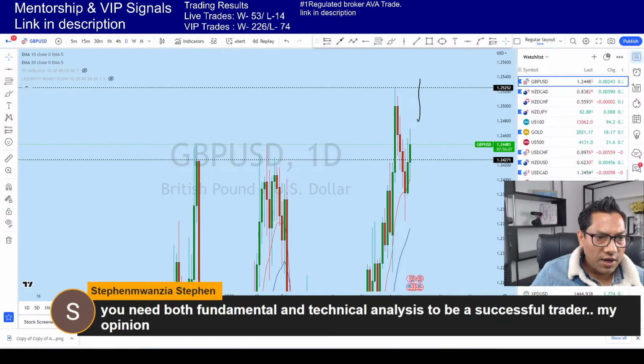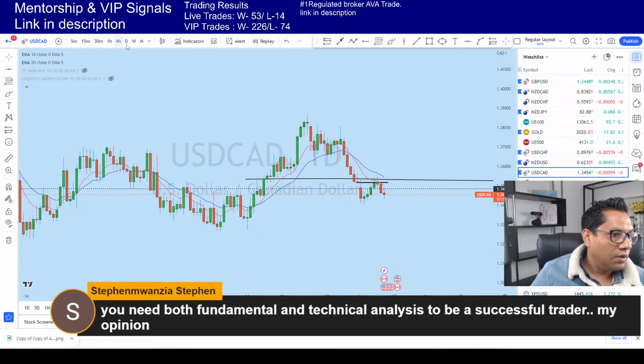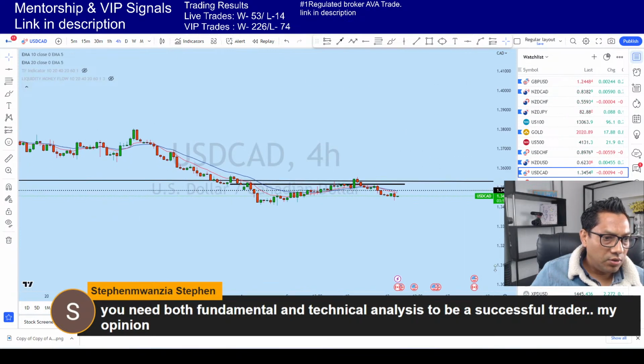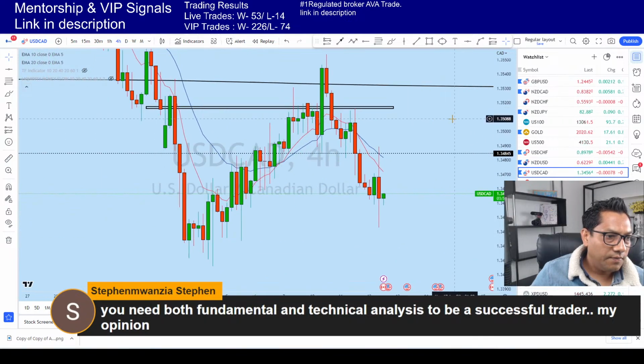And dollar CAD, as CAD news is coming. Okay, so dollar CAD also has formed nice looking bearish price action. We see that it's now going up for a pullback.